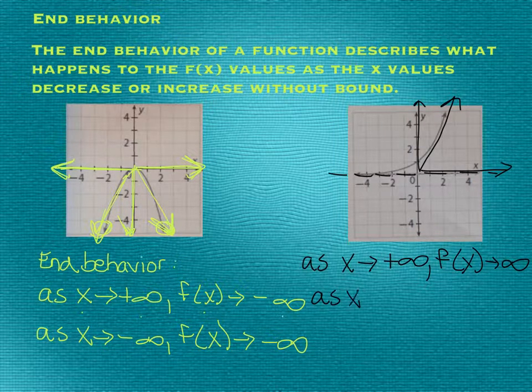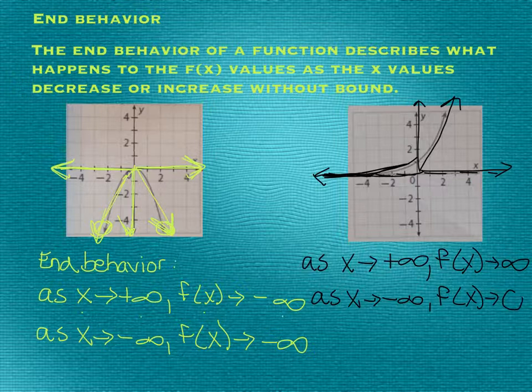As x approaches negative infinity, f of x approaches, and then look, as x is going to the left, the y value is getting closer and closer, but will never cross this line at 0. So the y is approaching 0. And so you'll see that whenever we have things like asymptotes, the y value is not approaching positive or negative infinity, but it's actually approaching a specific value.